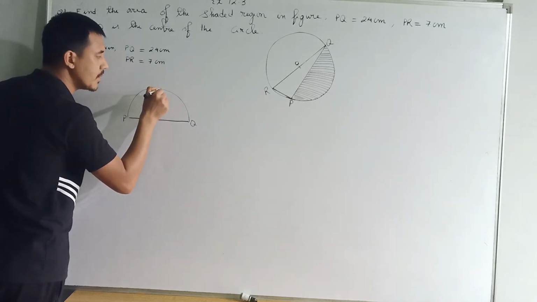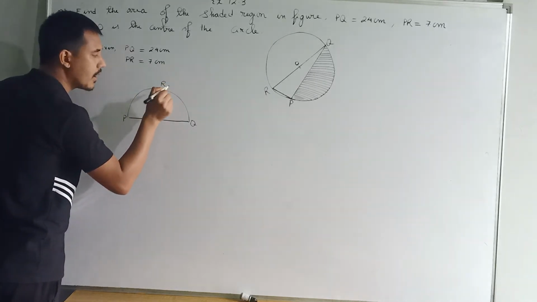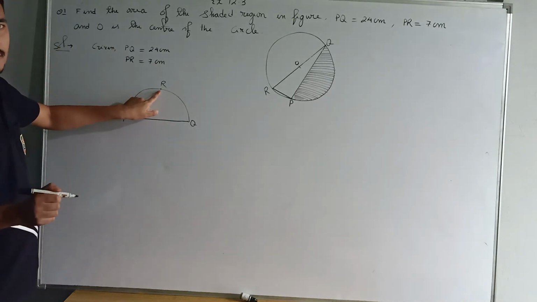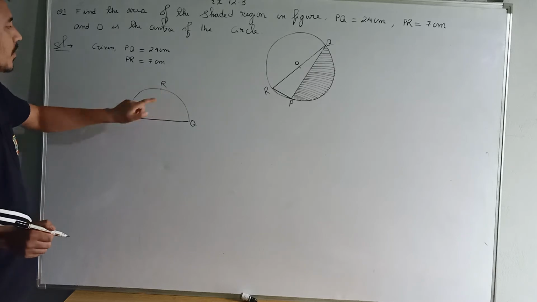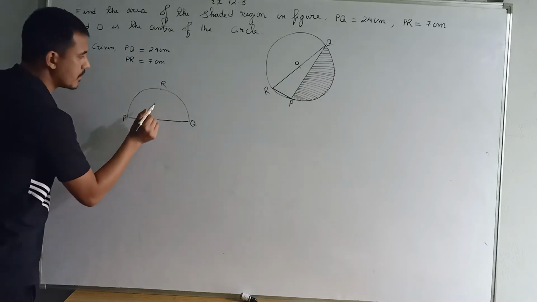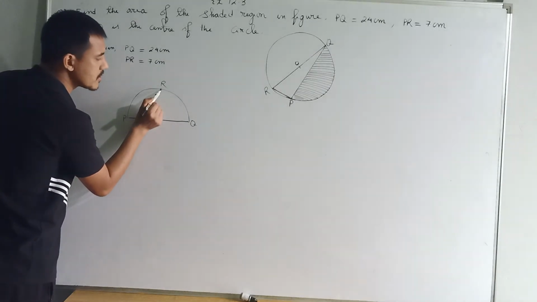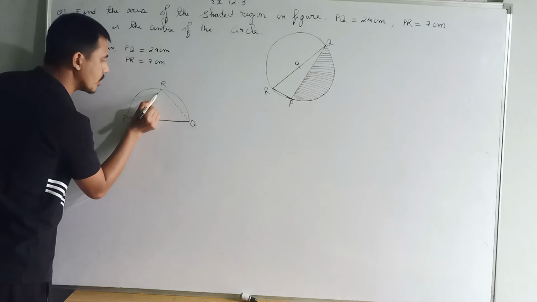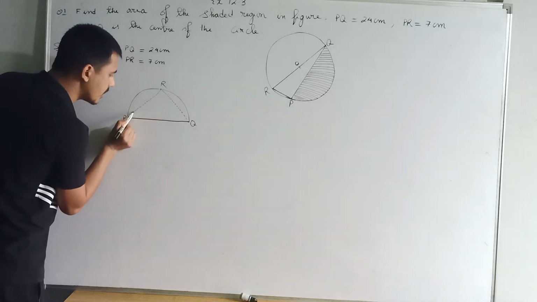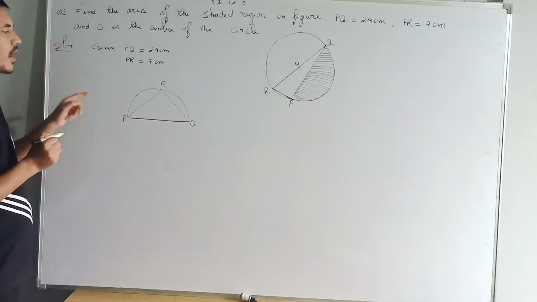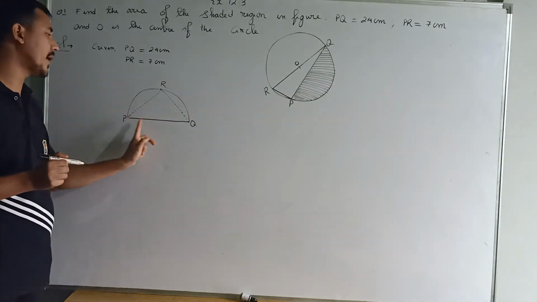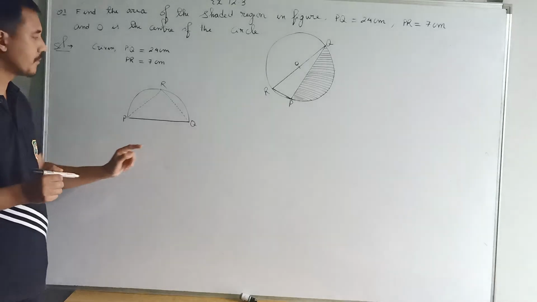Now, let me mark any point R on the semicircle. Let us form an angle at this point R. We need to draw a line joining Q and R, and also a line joining P and R. So the point R has been joined to the two ends of the diameter.